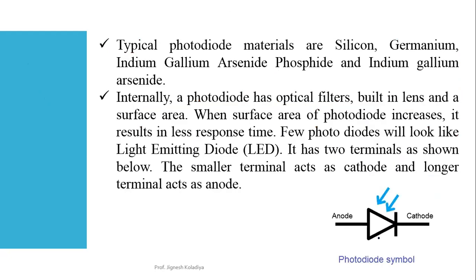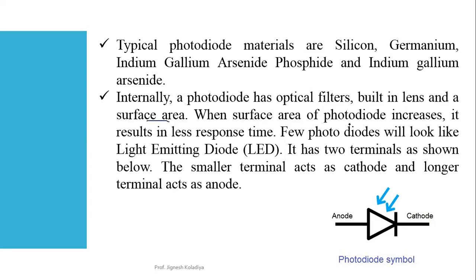So now you can see the diode symbol. Photodiode materials are generally made up of silicon, germanium, indium, gallium, arsenide, phosphide, and indium gallium arsenide. Internally, a photodiode has optical filters, a built-in lens, and a surface area.